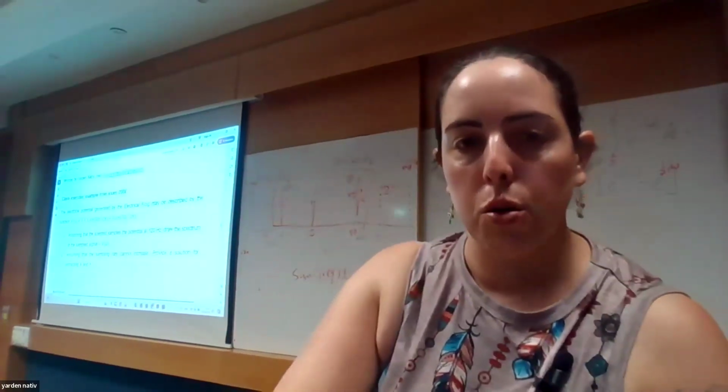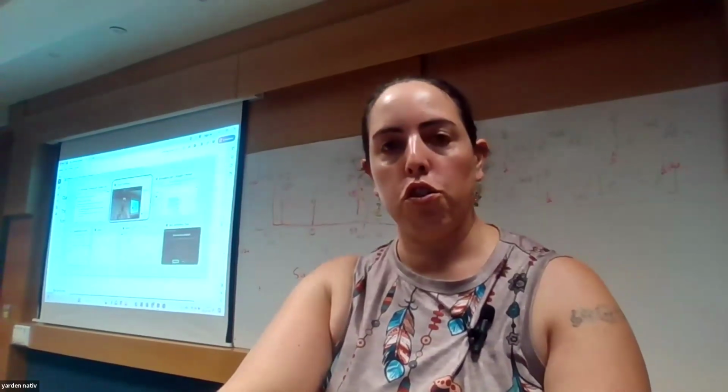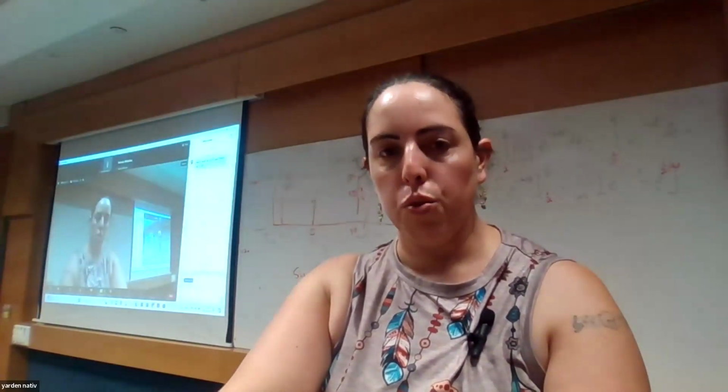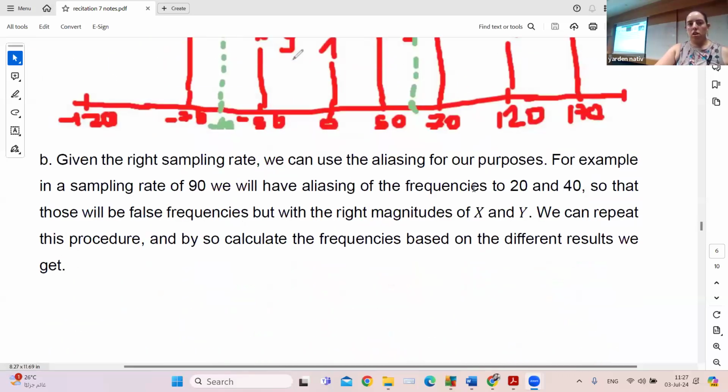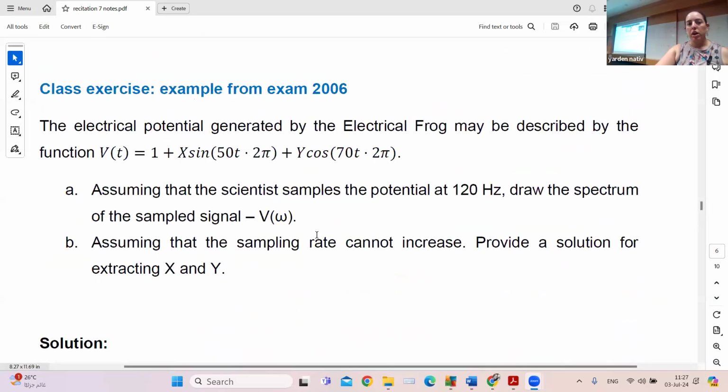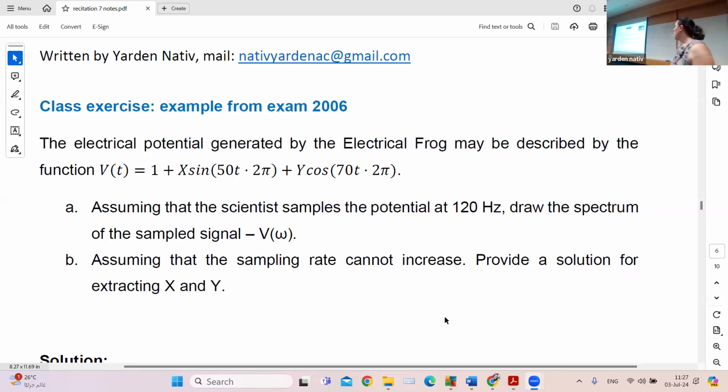Okay. So another short question, just for fully understanding this idea. Oh, and by the way, there is a nice question here. Let's say that this scientist cannot increase the sampling rate, he can only decrease it. So how could he understand if he has an aliasing or not in his sampling?